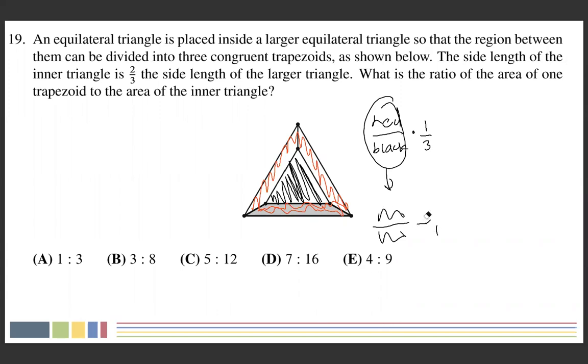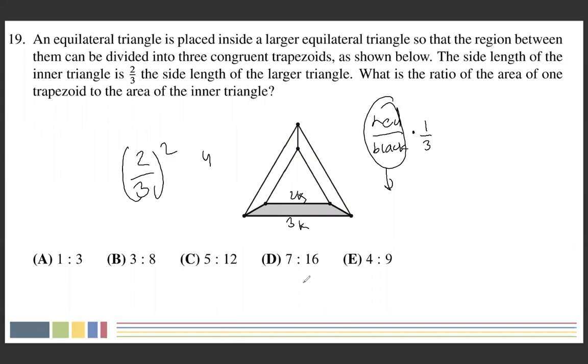Because equilateral triangles are similar, and the ratio of these side lengths here are 2 to 3, right? Let me erase these drawings here. Because the side lengths are in the ratio 2 to 3, we know that the ratio of the areas has to be 2 to 3 squared, so 4/9.